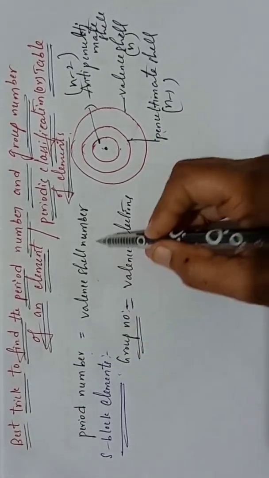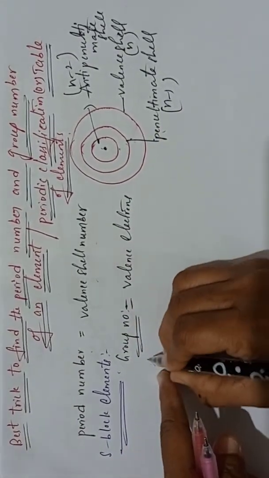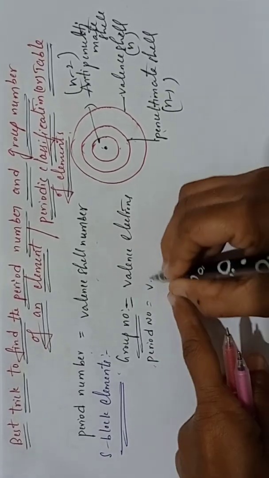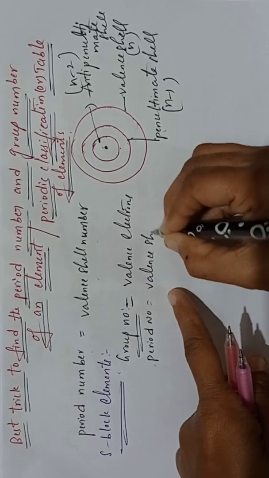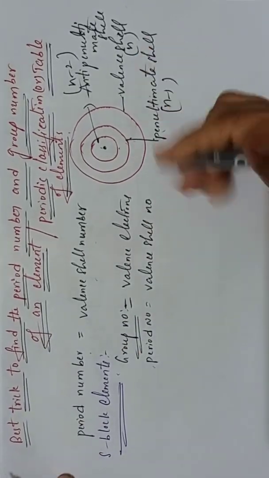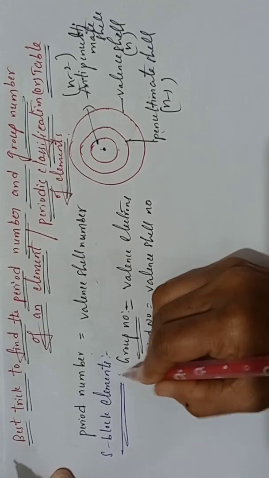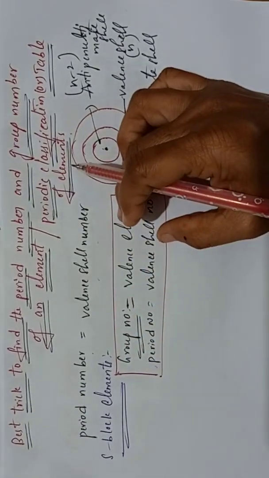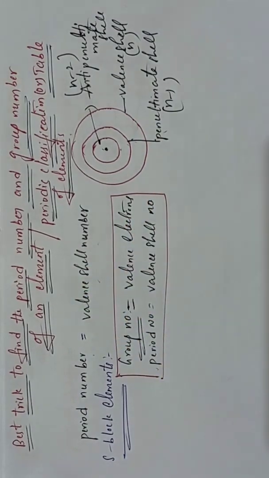Period number is equal to the valence shell number. So here also the period number is the same: valence shell number. This you have to remember students. This is the trick for S block elements, and with it you can calculate the S block elements' group number and period number.